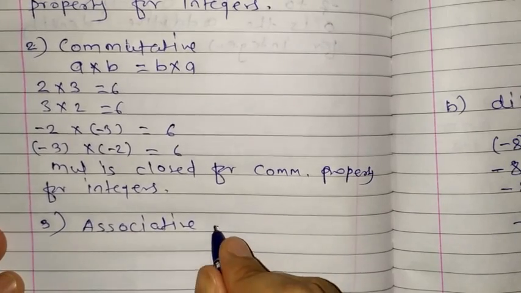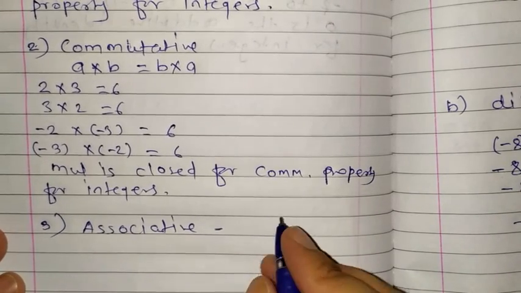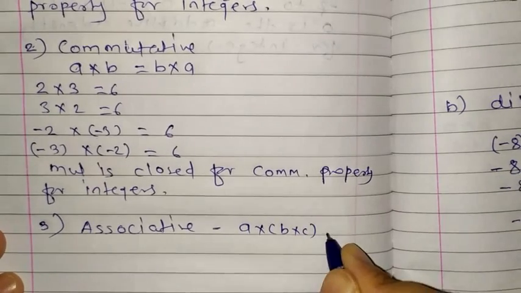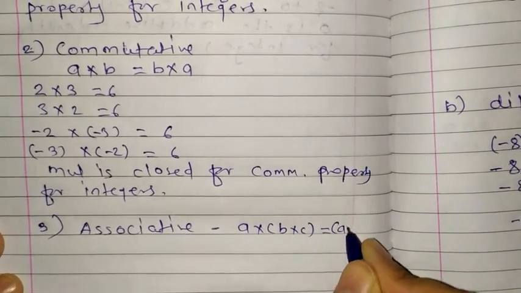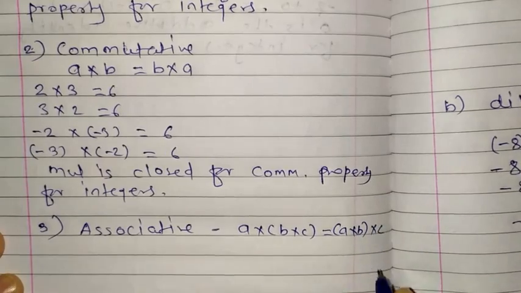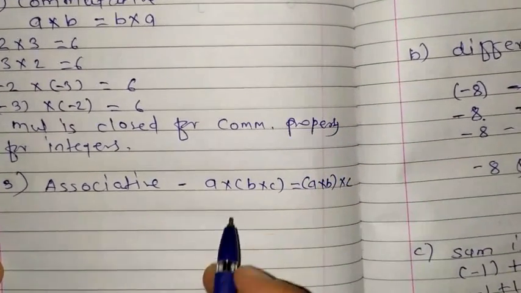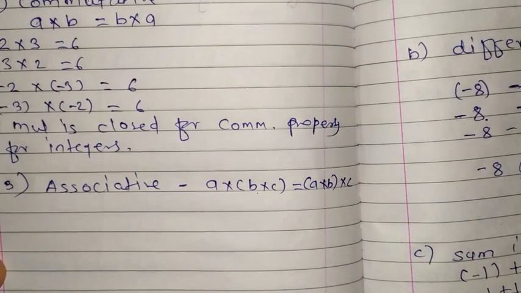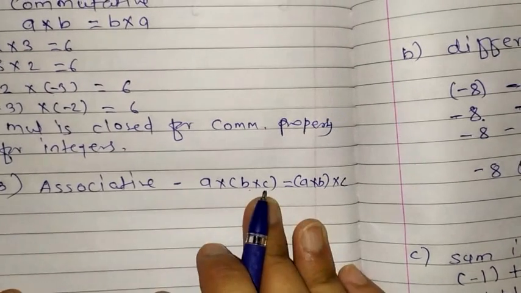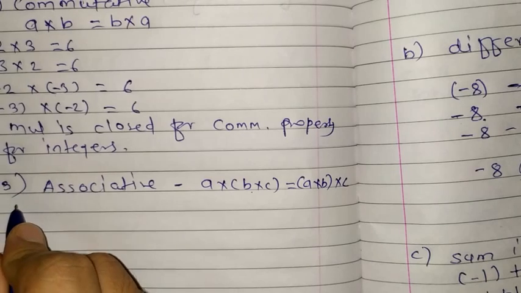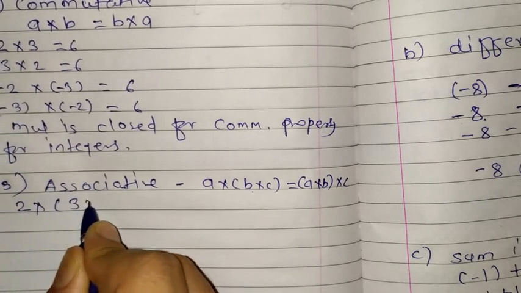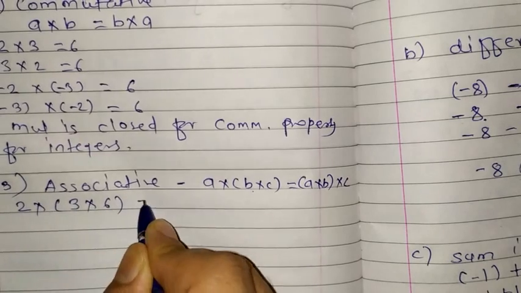In associative property that we learned in the previous tutorials, A into B into C is nothing but A into B into C with the bracket order changed. Suppose B and C you are taking in the bracket, then A and B we will take in the bracket and their answer will come same. Here I am taking a simple example, 2 into 3 into 6.